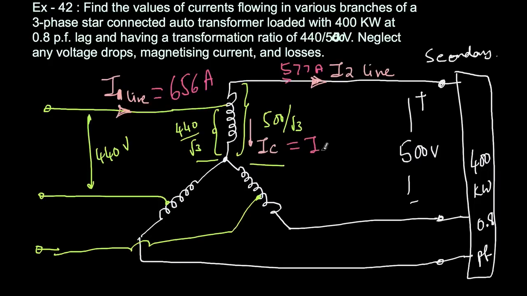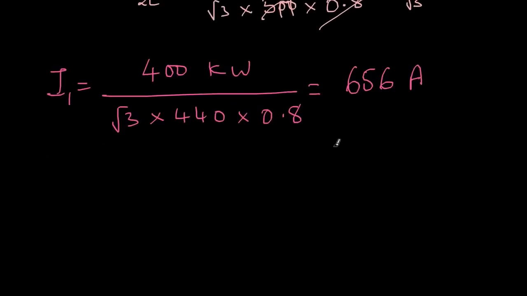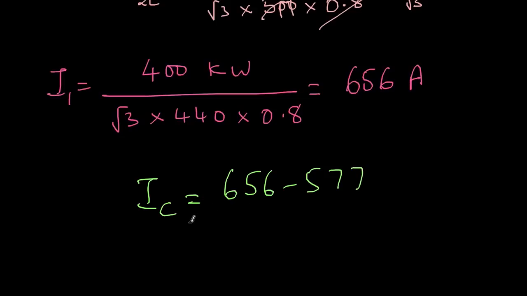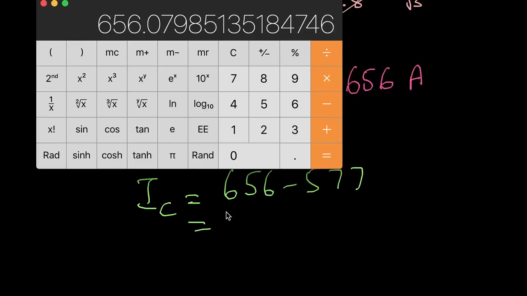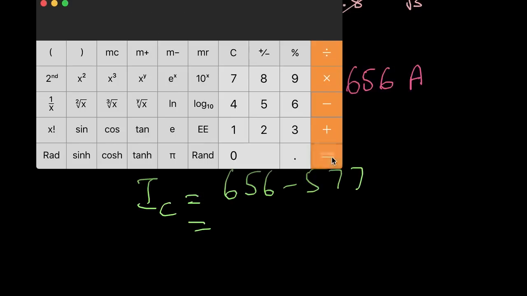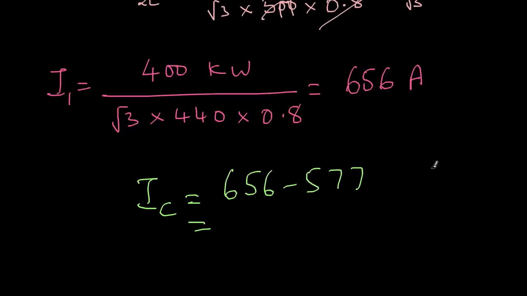Now the remaining current will be IC. This will be nothing but I1 minus I2. Strictly speaking, it's a vector difference, but in this auto transformer these two are already in phase, so we can just subtract them directly. So IC, the current in the common part of the network, will be 656 minus 577. That is 79 amperes.